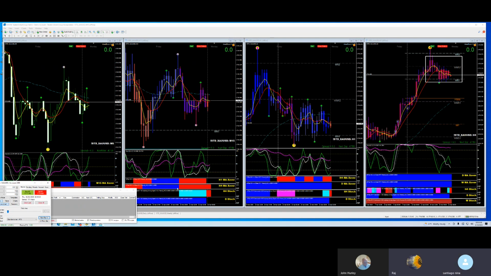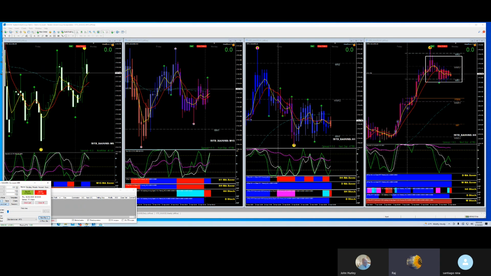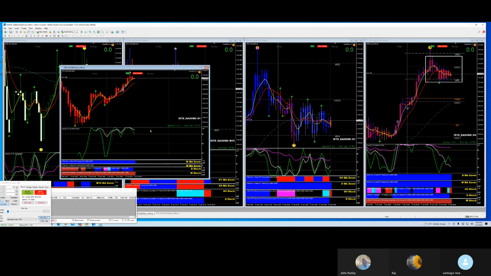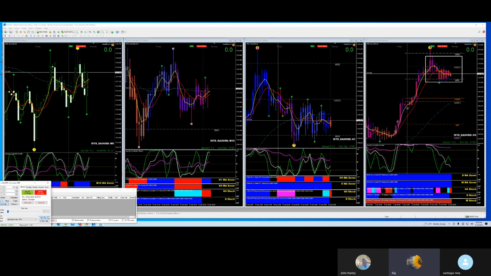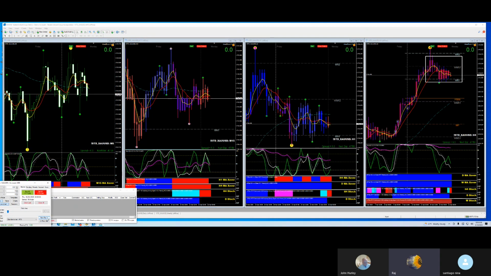So the 5 has come out of the 80. Look at the daily. The 5 is poking its head out of the 80. So it's a heads up that we're going south.